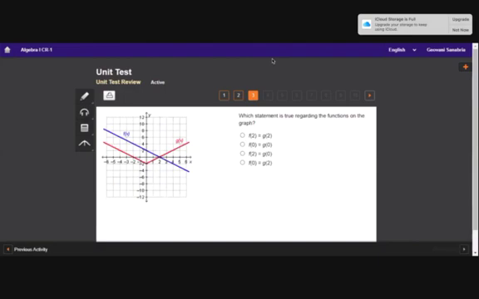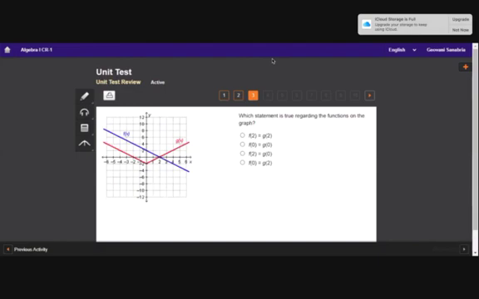For the y value, f of 2 equals 0, and g of 2 equals 0. So their y values are both 0 when they cross, which means f of 2 is the same thing as g of 2. It's always the x values that go in the parentheses.